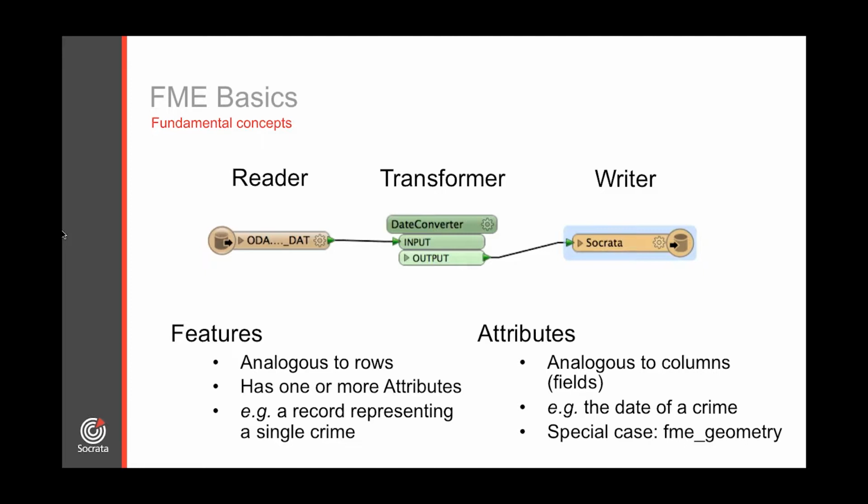The attributes are analogous to columns or fields in a Socrata data set, and a particular attribute might be the date that a crime occurred. And then you also have this FME geometry, which is an optional attribute. In the example of crimes, you might have a coordinate or point where that crime occurred, and that will be written out to Socrata in the location column as a point.